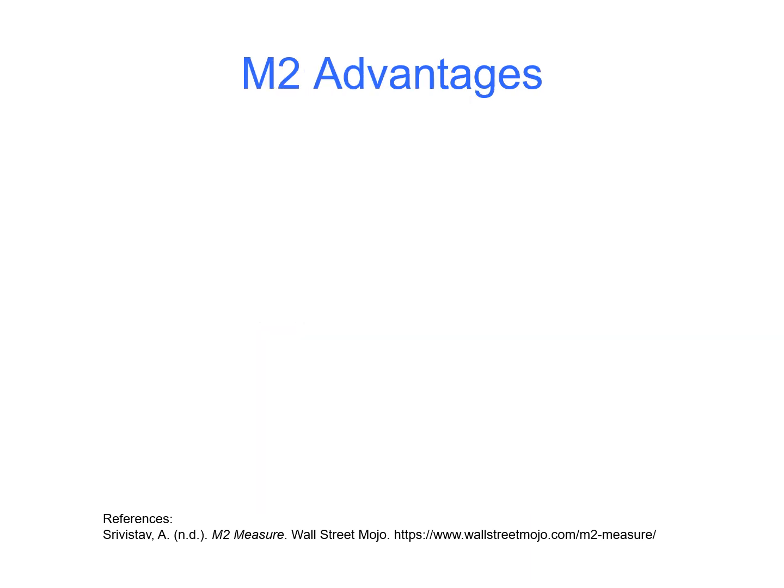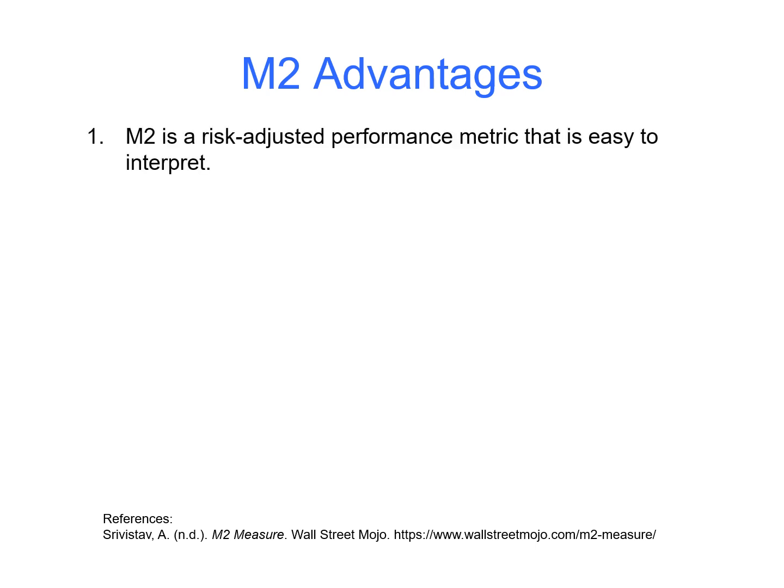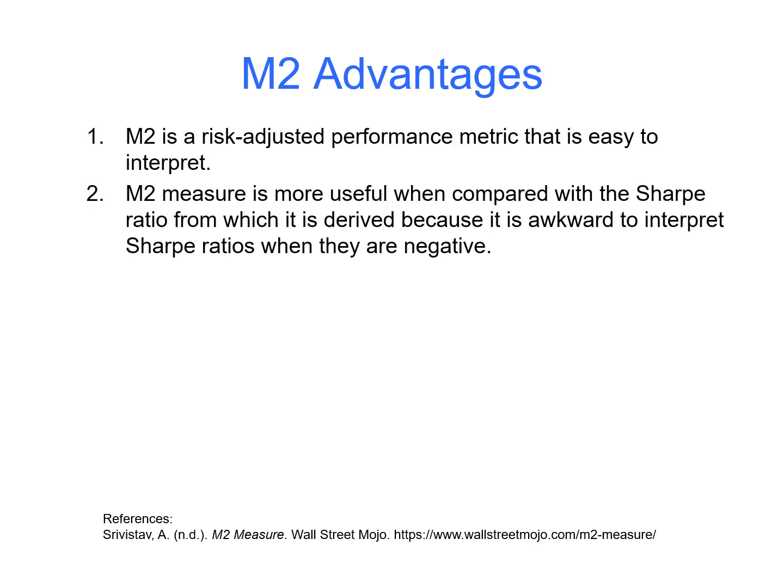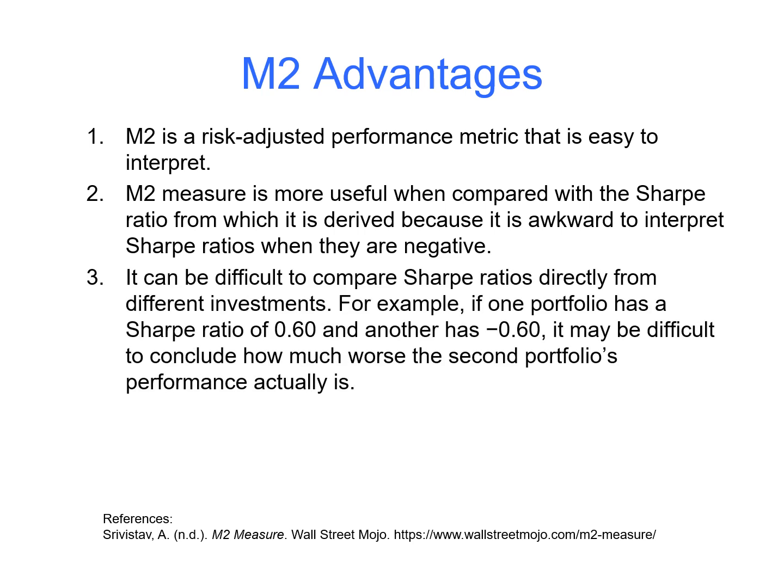The M2 measure is easier for investors to interpret since it expresses risk-adjusted performance as a percentage return. Unlike the Sharpe ratio, M2 avoids confusion with negative ratios. For example, the Sharpe ratio can be challenging to compare across different investments.